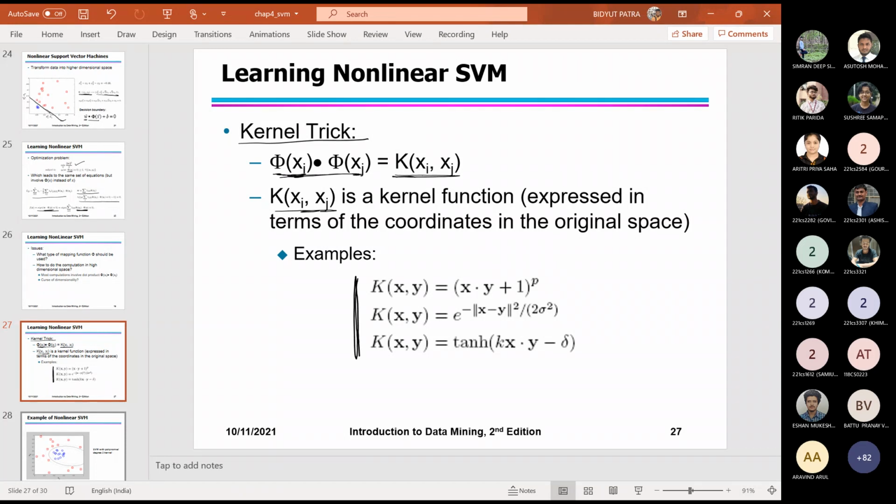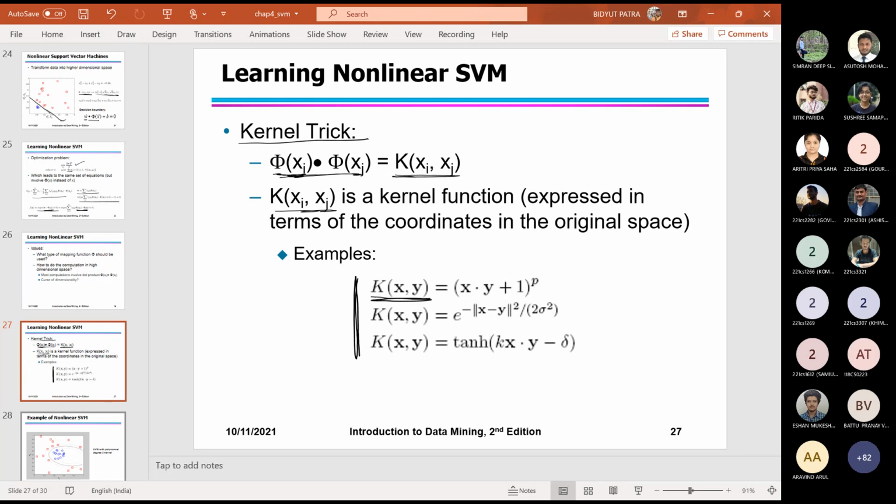As we know, for finding the class label we need the dot product of W with the two patterns, one the unknown pattern and the other the input pattern. Instead of doing so, we can directly put this function here.